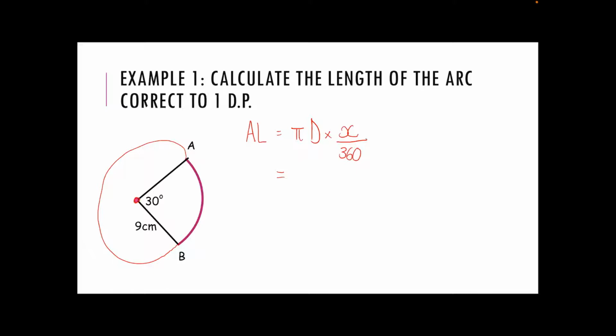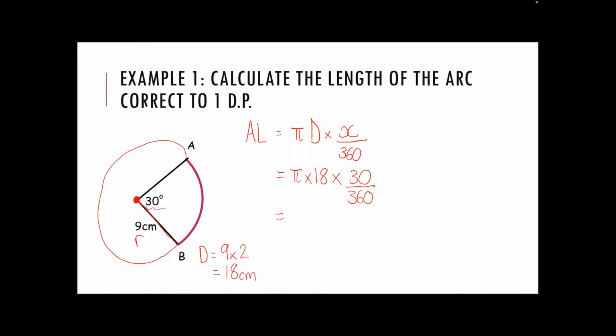This would be our centre right here. So we can see if we're going from the centre out to one edge, 9 is our radius. We don't want the radius though, we want our diameter. Our diameter is 2 lots of our radius, so it's going to be 9 times by 2 to give us 18 centimetres. So what I'm going to have is pi times by 18. X then is just my angle, so multiplied by 30 out of the full 360.